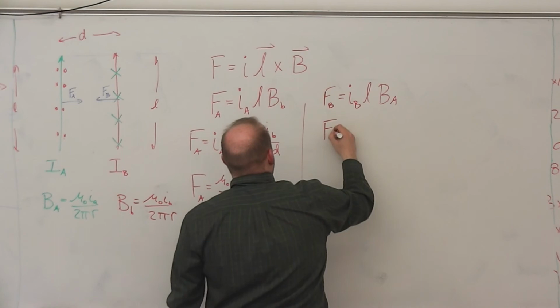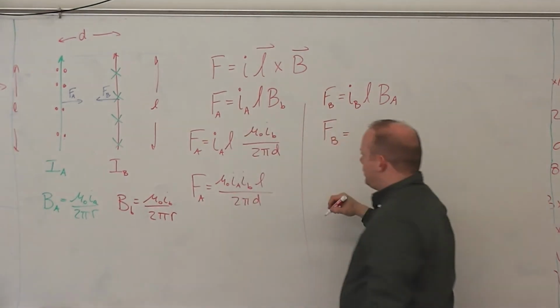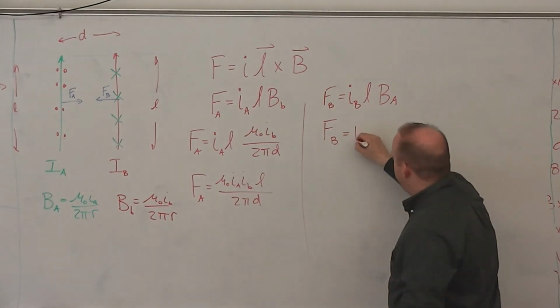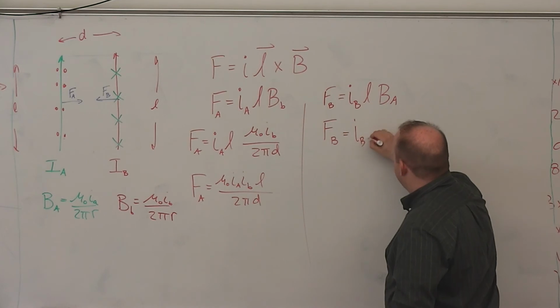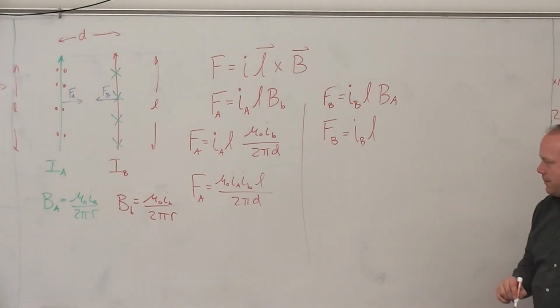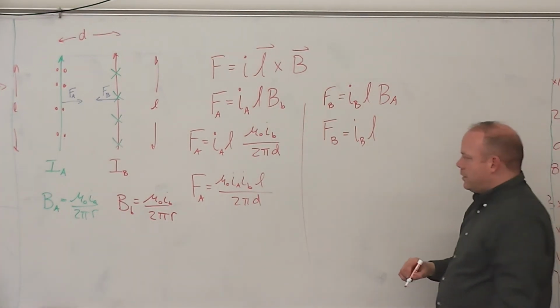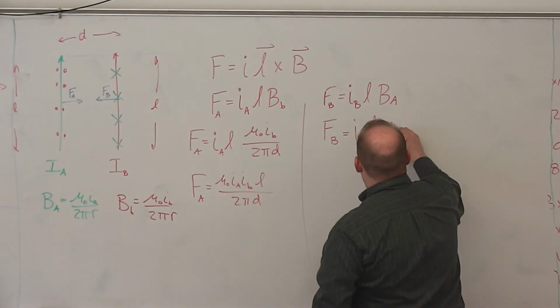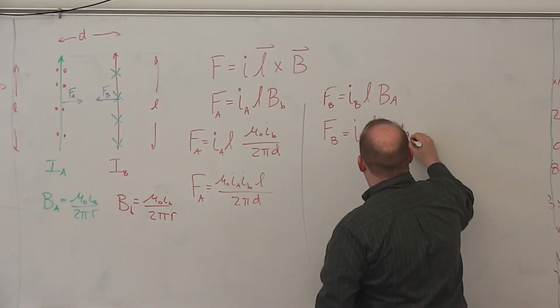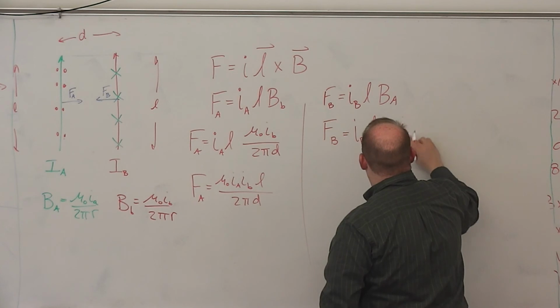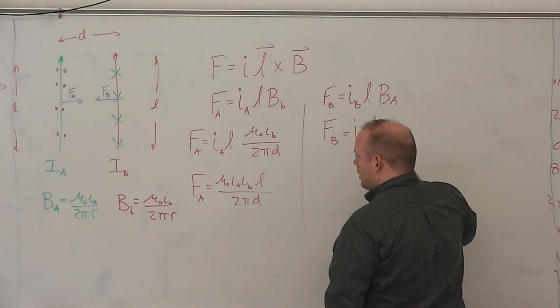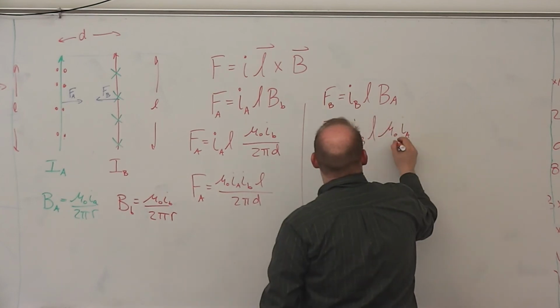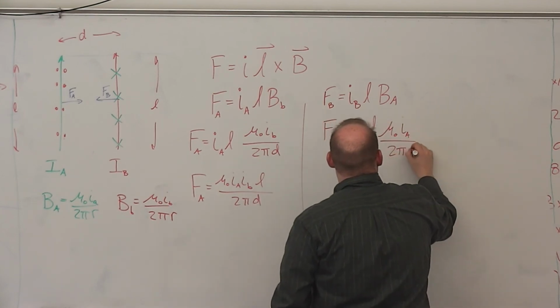Let's show that the magnitude is now the same. FB is equal to IB L times the magnetic field of A, which is mu naught I_A over 2 pi r, where that r is d.